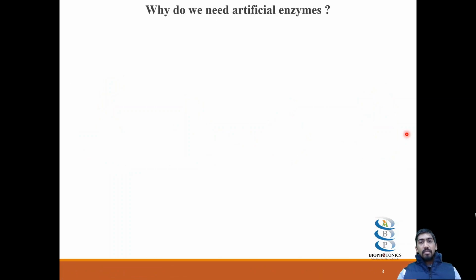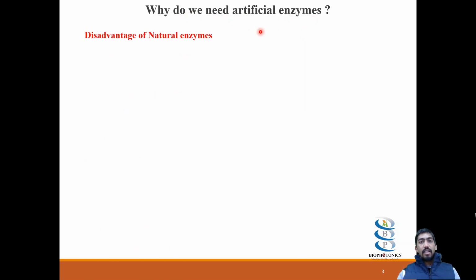Apart from this, researchers have focused more on artificial enzymes, also known as nanoenzymes, because nanoenzymes are made up of nanoparticles which can give activity like natural enzymes. Why do we need artificial enzymes?